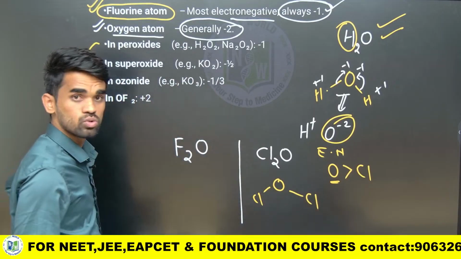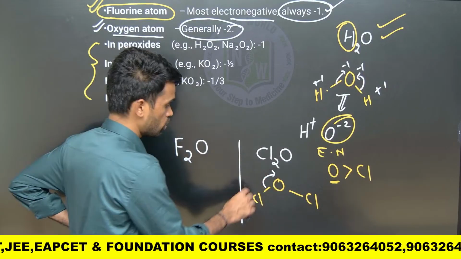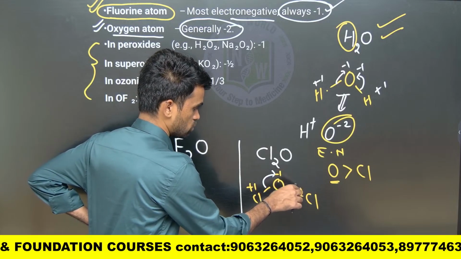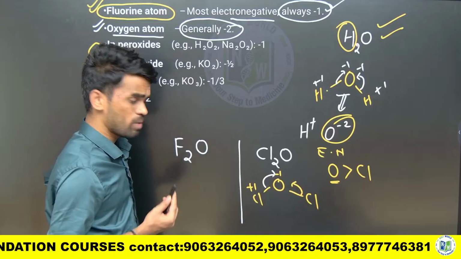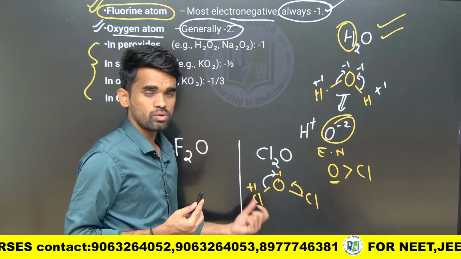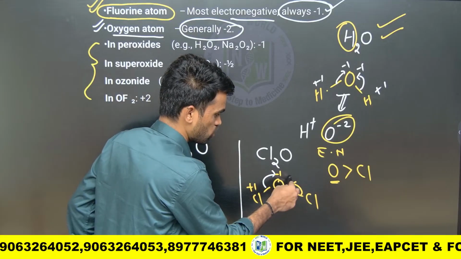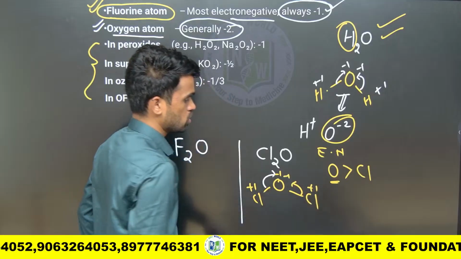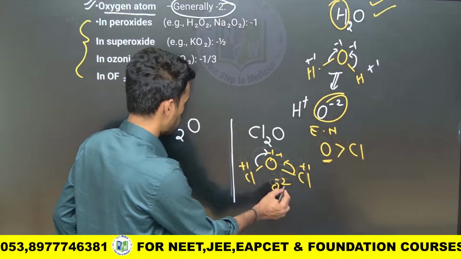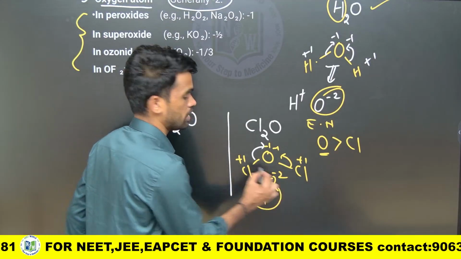Towards the electronegative atom, that is this side, oxygen side. So chlorine should get positive charge, oxygen should get negative charge. If one bond, 1 minus, 1 plus. 2 bonds, 2 plus, 2 minus, something like that. So this side one more bond, so -1 plus 1 this side. So what is the oxidation state of oxygen here? -2 you should say. What about chlorine atoms? Chlorine atoms is +1.